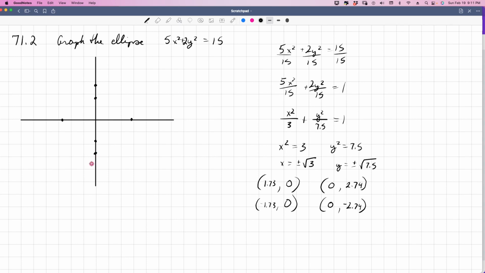I completely did that wrong. And then y is 0, x is 1.73 and negative 1.73. So your ellipse should actually be right here, not where I had it. I read my x and my y the wrong way.